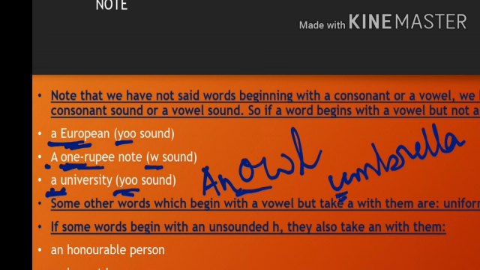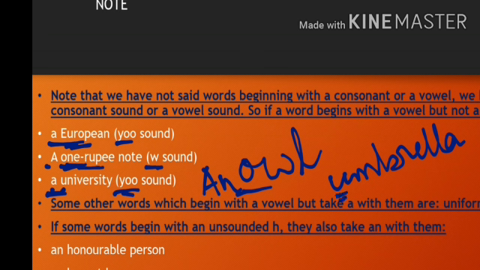Let me write again umbrella. Okay, now see the difference. This word also starts with U and this one also starts with U. Now see the difference of pronunciation. University. Now pronounce this, umbrella. I am not saying university for umbrella. No, this is not the correct pronunciation.